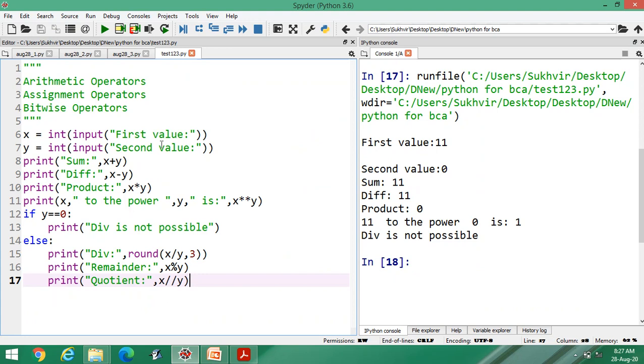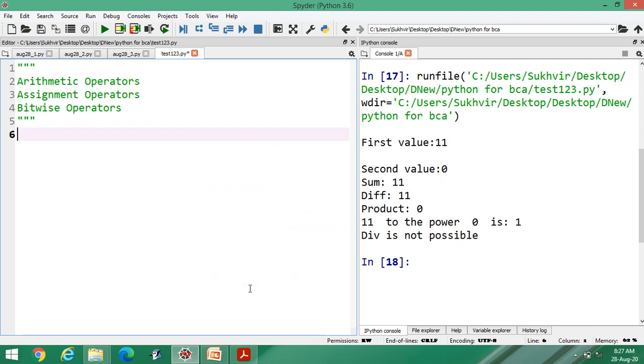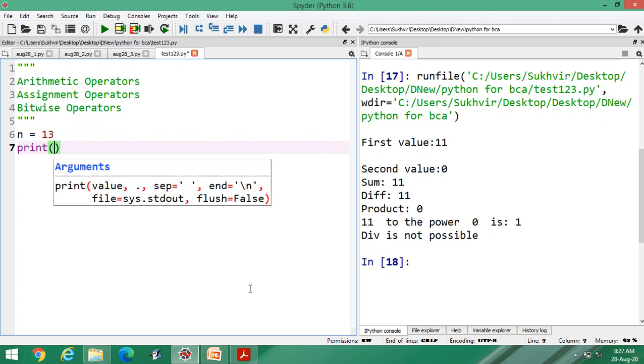Second one is bitwise operator. Let us check this. We can delete this content. Now about assignment operator. Suppose I am writing n is equal to 13. Then print here. Suppose I am writing n is equal to the value of n.